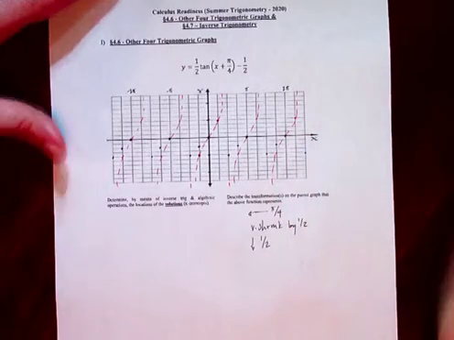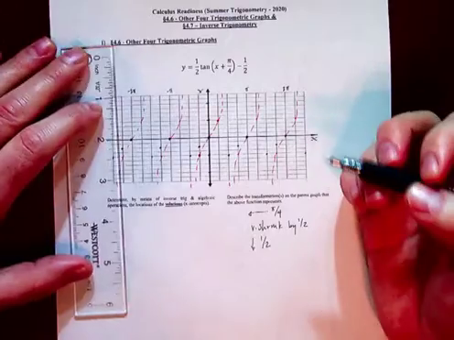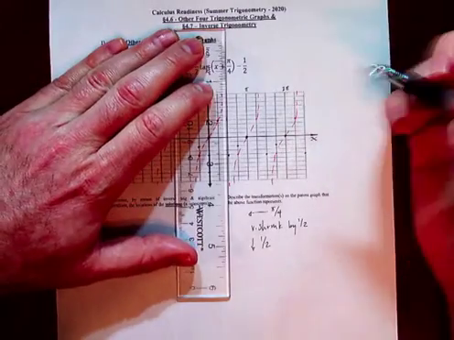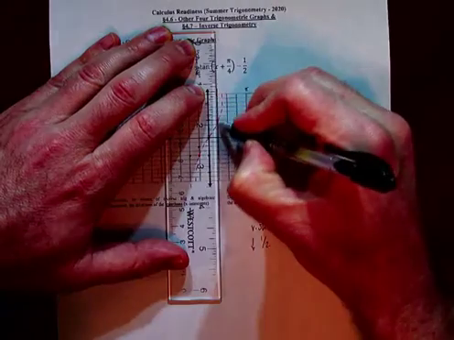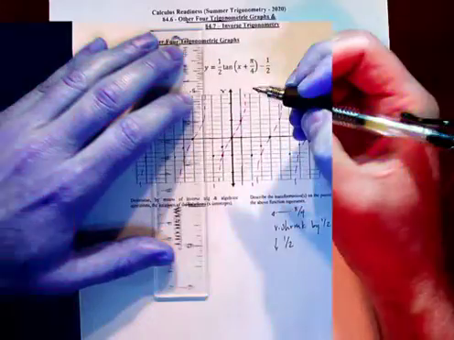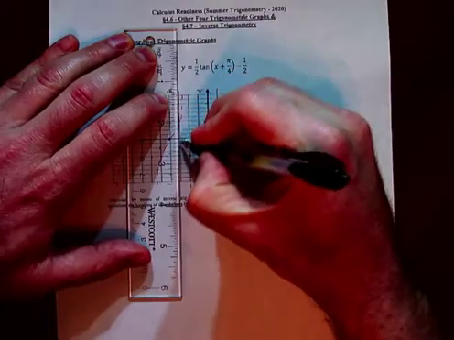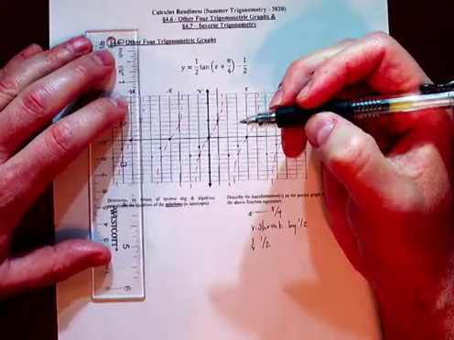Okay. Now, if there's been no period change and everything has shifted to the left pi over 4, that means that so have the asymptotes. So the asymptote that was here is now here. The asymptote that was here is now here. The asymptote that was here is now here.